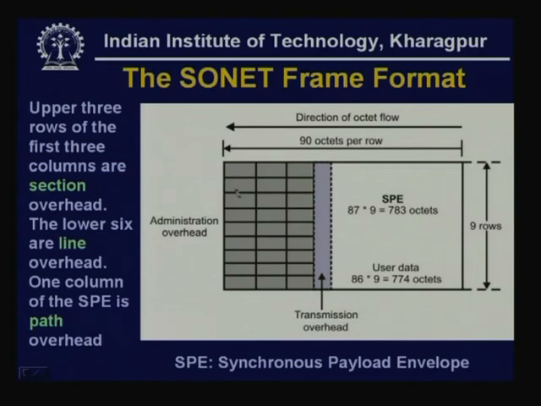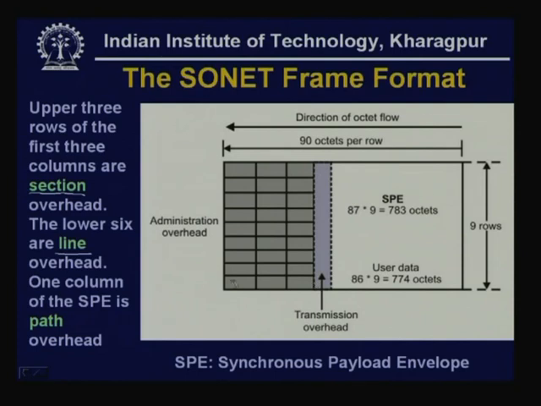The top 3 rows of the first 3 columns give you the section overhead, and the lower 6 rows of the first 3 columns is the line overhead, and the path overhead is 1 column.